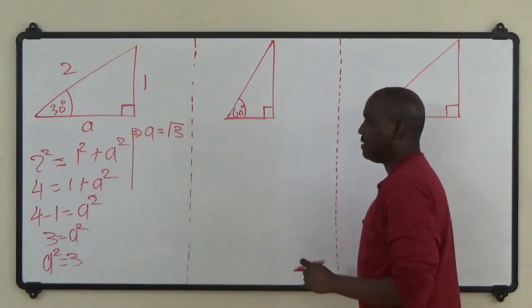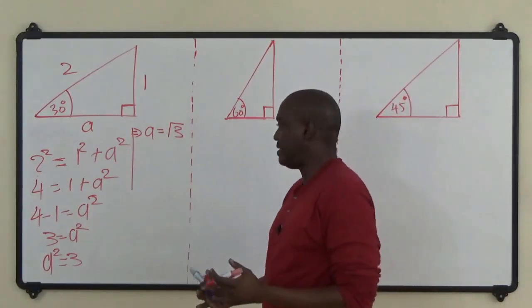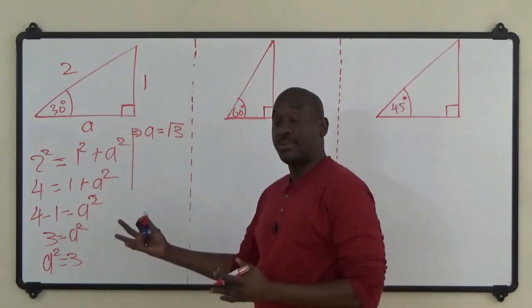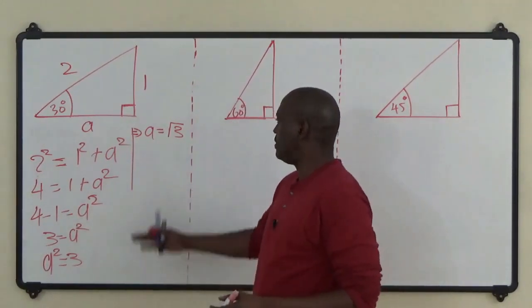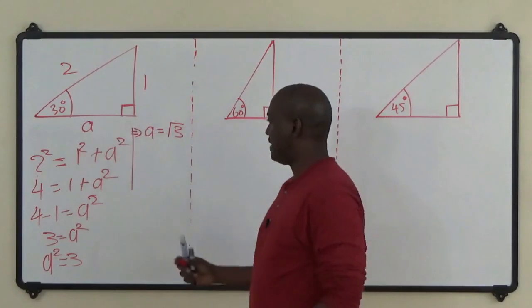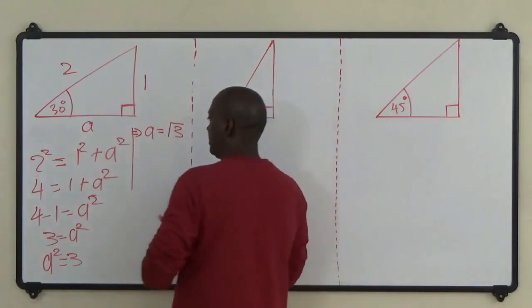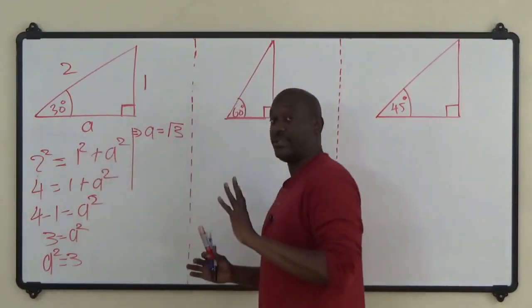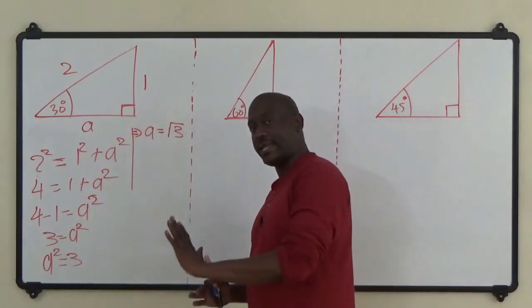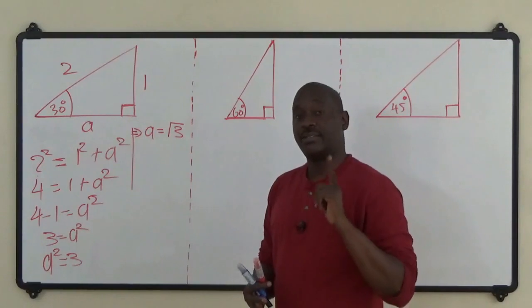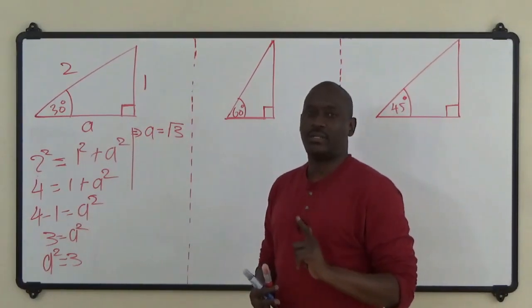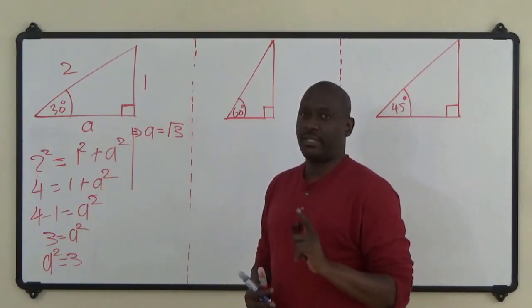And again, that is one of the things that distinguishes Additional Maths people from the Maths people. So at Additional Maths level, we could know that this side is root 3. So I'm going to put it in here now. Remember, this is a video, so you always have the option to rewind if you need to check something again. I strongly advise you to make full utilization of available technology.